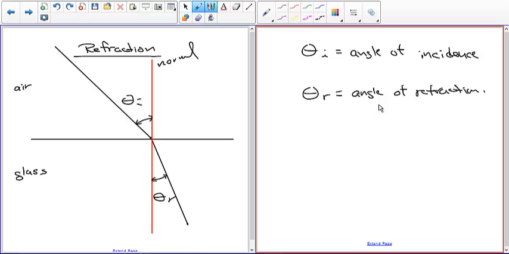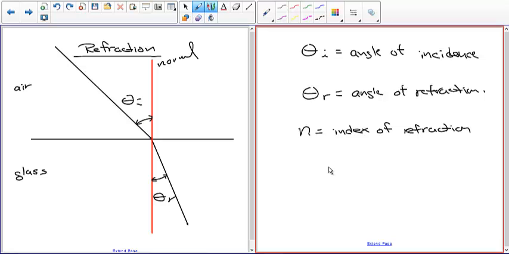Now the question is, how do we calculate the angle of refraction based on the angle of incidence? A man named Snell did some observations and came up with a result. But before we can do that, we have to define something called the index of refraction. We're going to use the letter N to represent it. Why N? I don't know, I guess we ran out of letters.